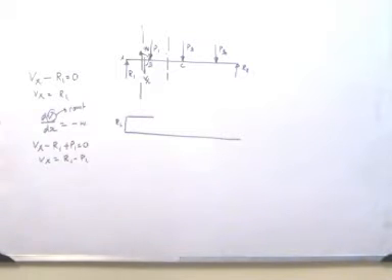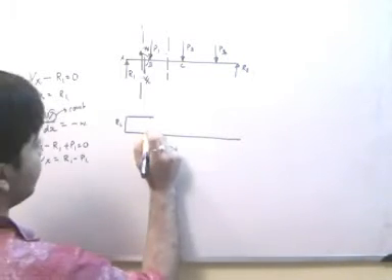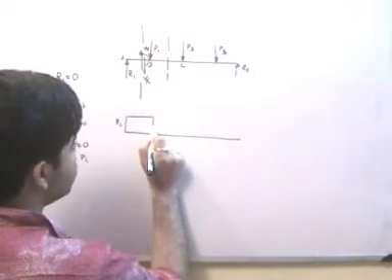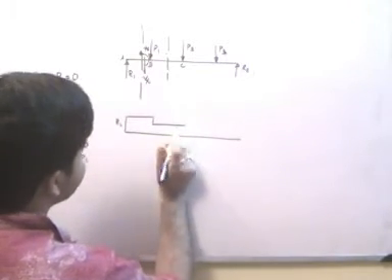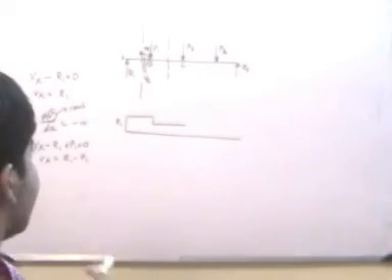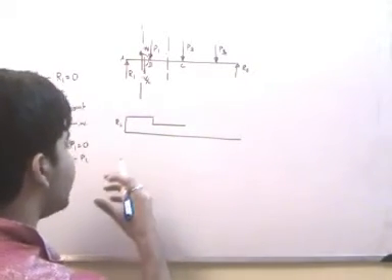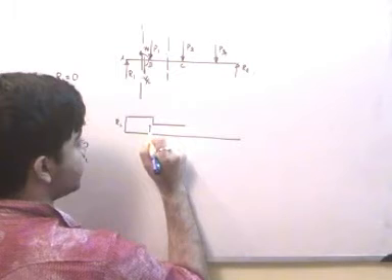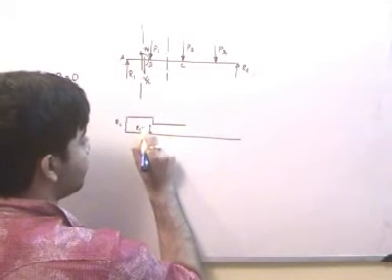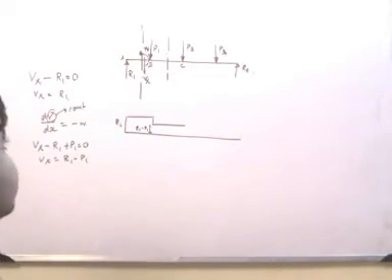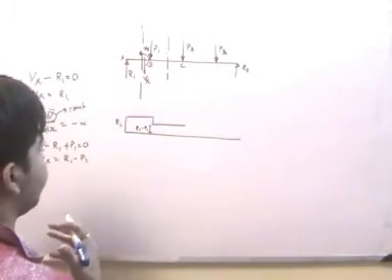In the region between B and C, the shear force will again be constant because there is no transverse concentrated load, but definitely at point B there will be a change in value of the shear force, from R1 to R1 minus P1. At point C there is a transverse concentrated load in the form of P2 acting.